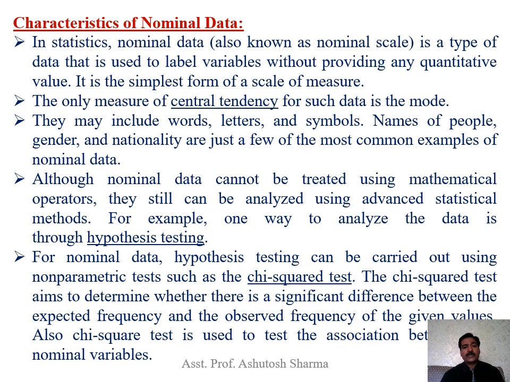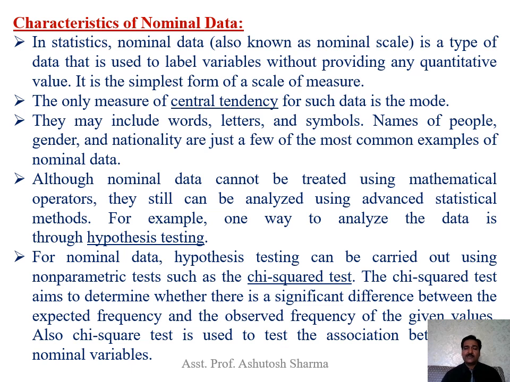If we talk about the characteristics of nominal data, so in statistics, nominal data, which is also known as nominal scale, is a type of data that is used to label variables without providing any quantitative value. It is the simplest form of a scale of measure. The only measure of central tendency for such data is the mode.